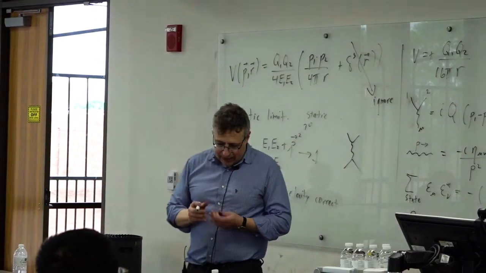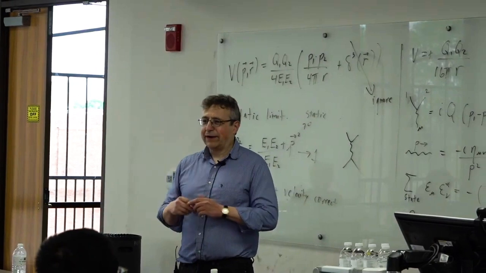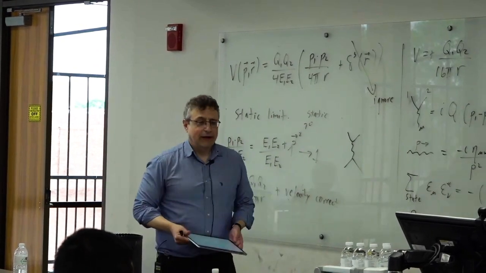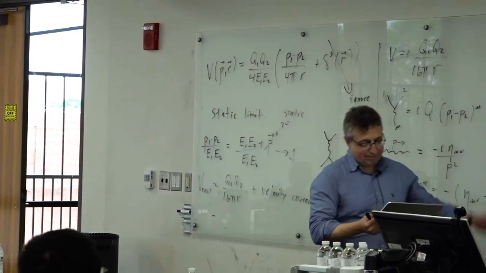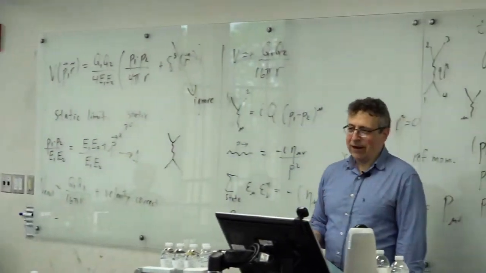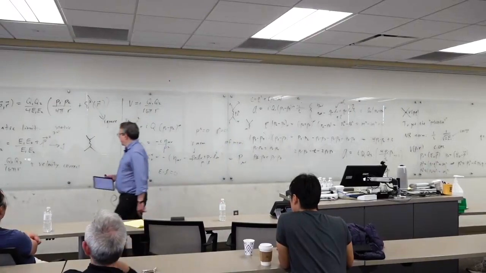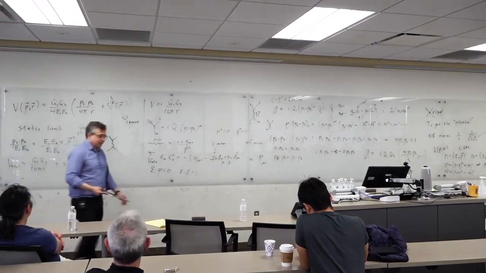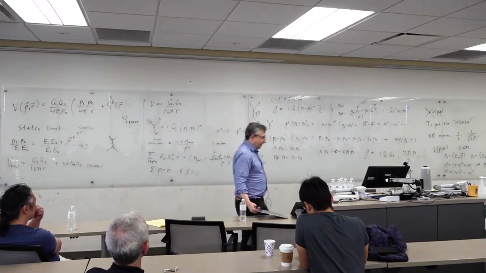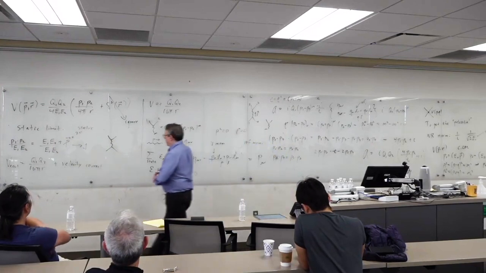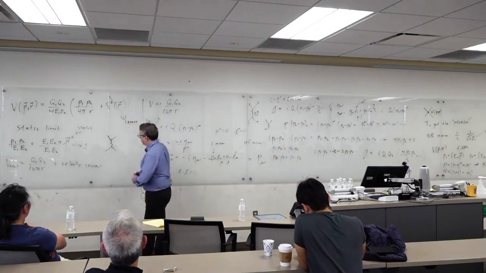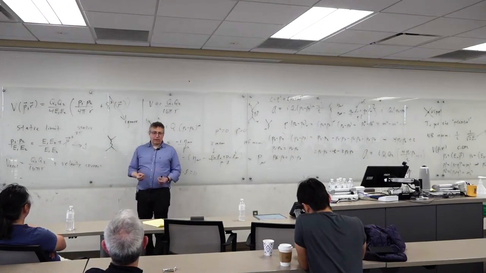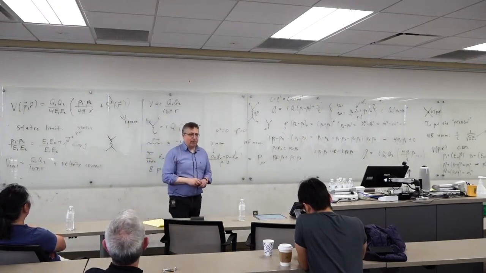So let's do gravity. That was a nice warm-up. How do we do gravity? Well, we could say Einstein and general covariance. No, of course, we're not going to say that. What we're going to say is spin 2. And we don't want the delta function, because it's not interesting and not part of our problem.